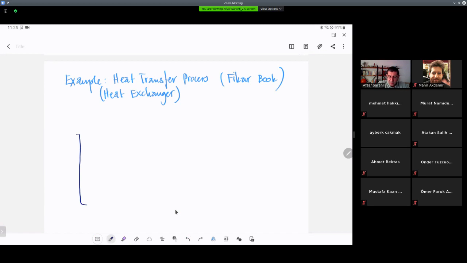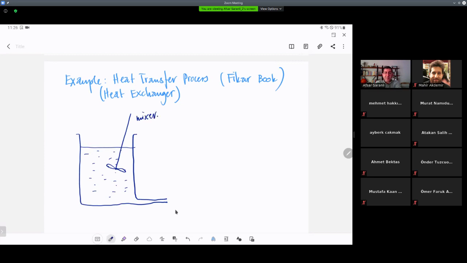So instead of the level, we are now interested in the temperature. So there is liquid inside, and we are mixing this liquid. So this is kind of a propeller mixer.